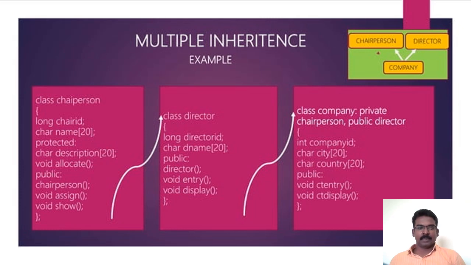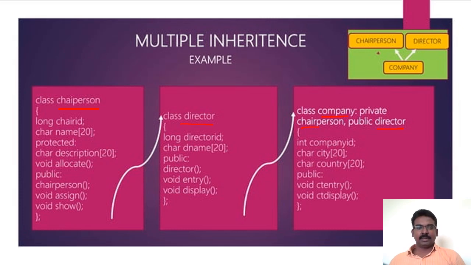Here, there are two classes, chairperson and director. The company class derives from both chairperson and director. In general, you can say that in a company, both chairperson and director will be there. So a company has the right to access both chairperson and director's details.